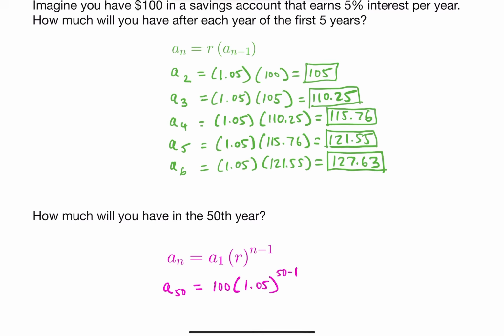Okay, so if you punch that into the calculator, that works out to $1,092.13. That's how much you will have in 50 years, investing $100 at 5% interest every year.